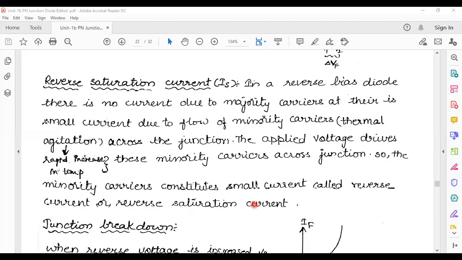Minority carriers keep on increasing in the reverse direction, therefore I can take that level as the saturation value of minority carriers, and it is creating the flow of current. That current is reverse saturation current IS. I can treat that current as reverse saturation current.